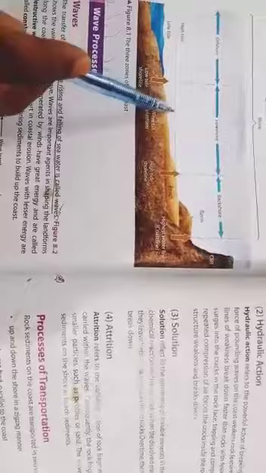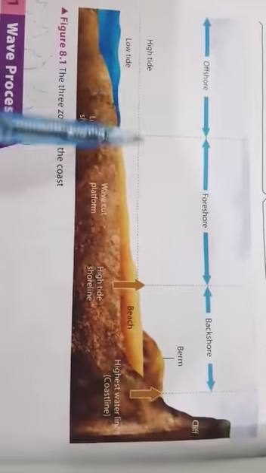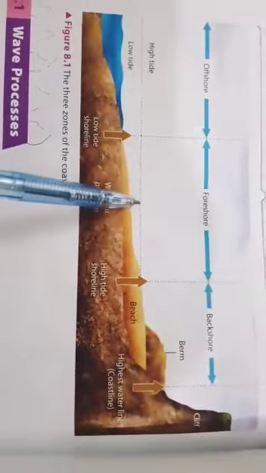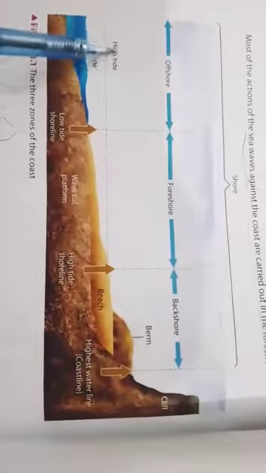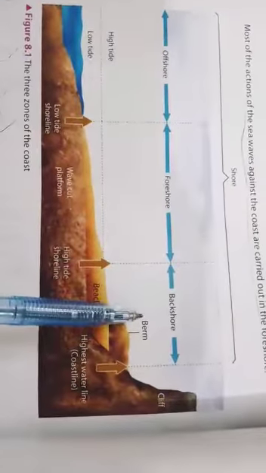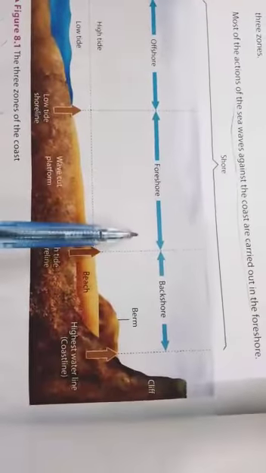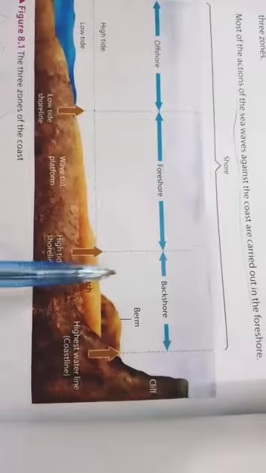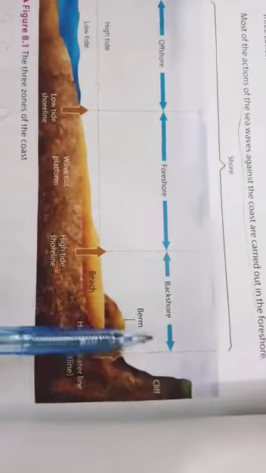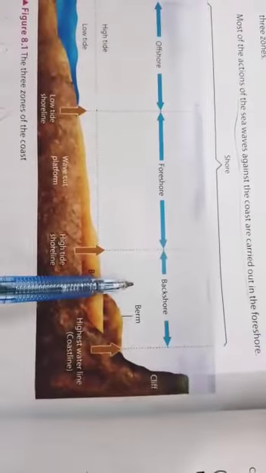Here is the low tide, and it only touches offshore and foreshore. And high tide approaches only the backshore region. You can see this is the backshore, and it is above this place. So only high tide approaches towards the backshore area.